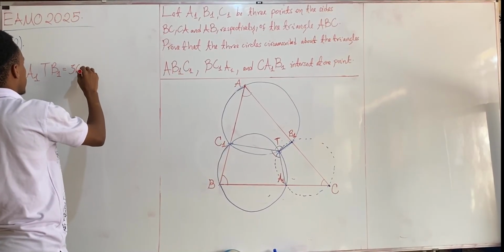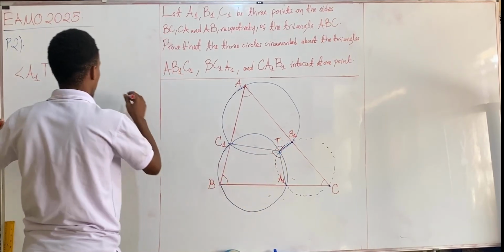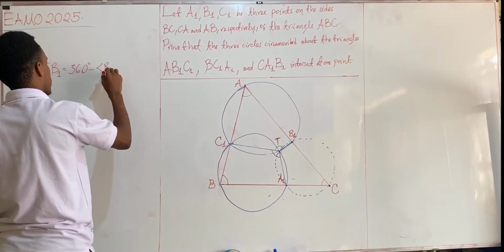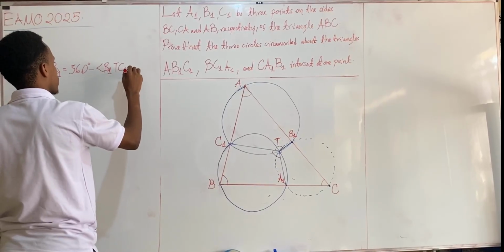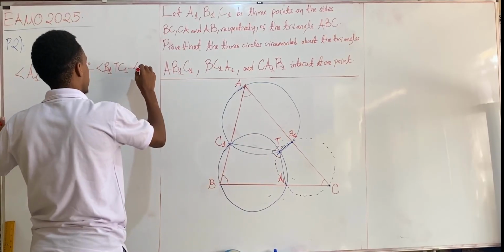So it will be 360 degrees minus B1 T C1 minus angle A1 T C1.